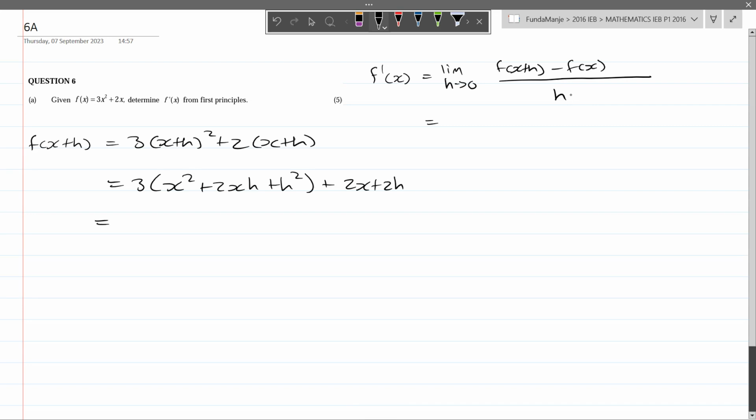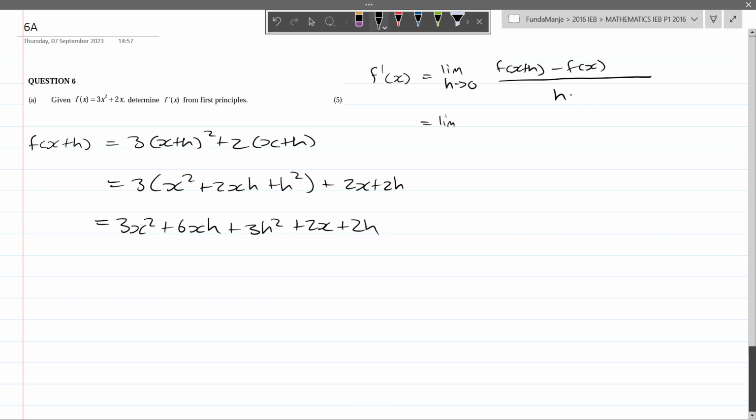Then again we can expand out, this will be 3x squared plus 6xh plus 3h squared, plus 2x plus 2h. We can simplify this a bit if there are any like terms: x squared, xh, h squared, x and h, there are no like terms. So we can just go straight over here and substitute that value.